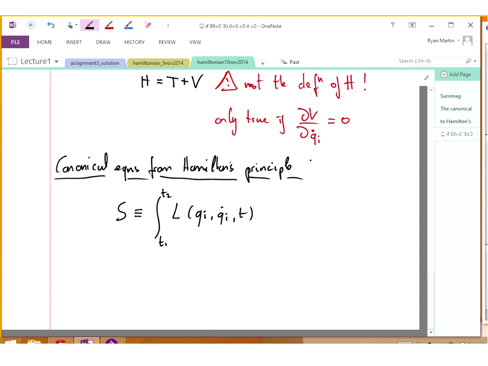And Hamilton's principle, let's call that HP, is that the equations of motion are derived from requiring that S be stationary.